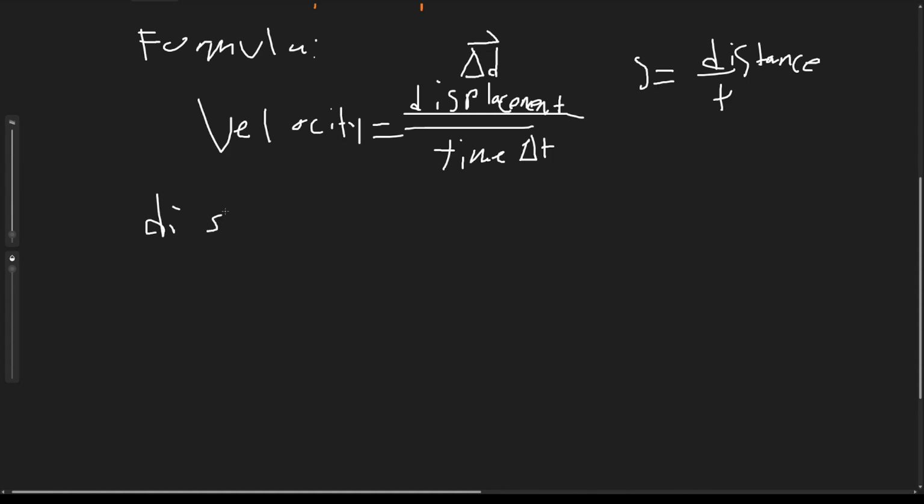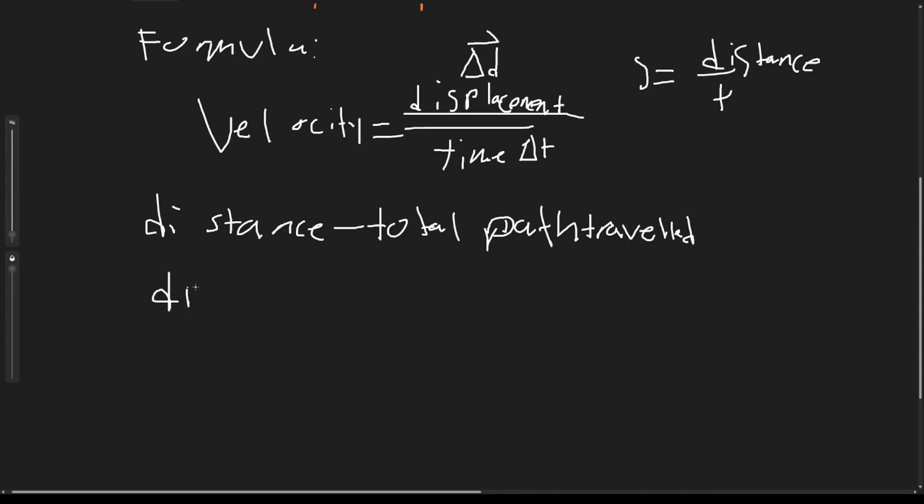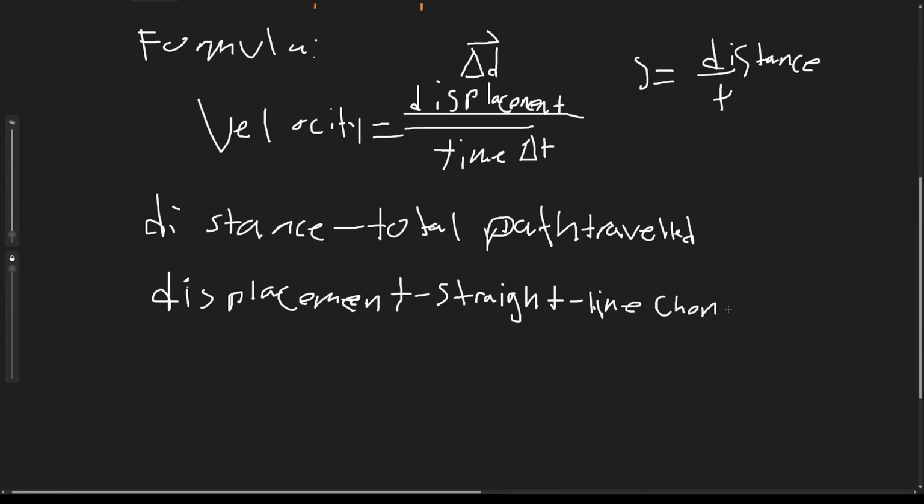As we know, distance is the total path traveled. But displacement is the straight line change in position, and it has direction, unlike distance.